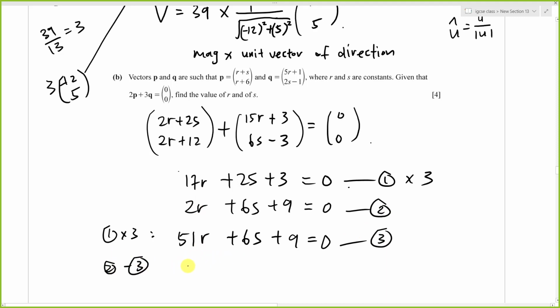So I will have negative 49r equals 0 because I subtract. R equals 0.